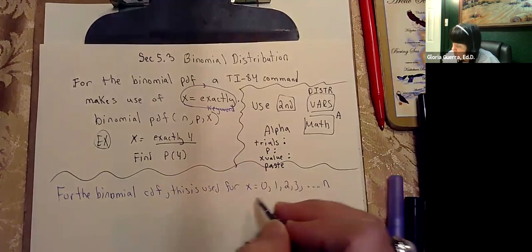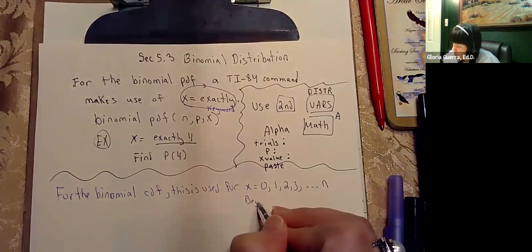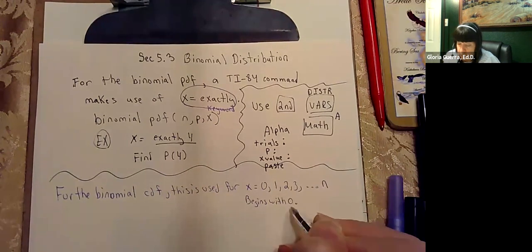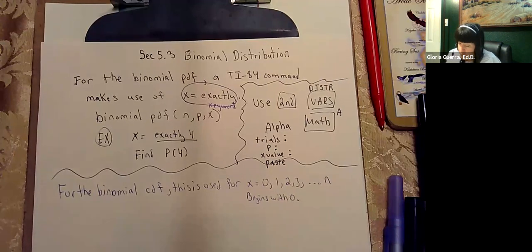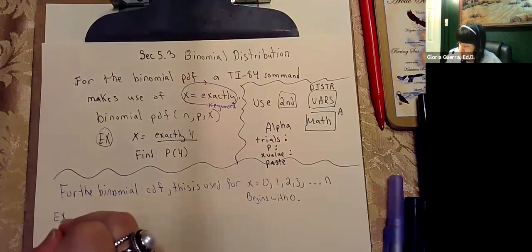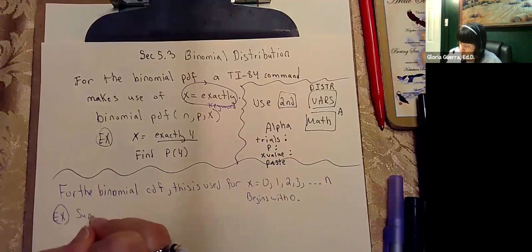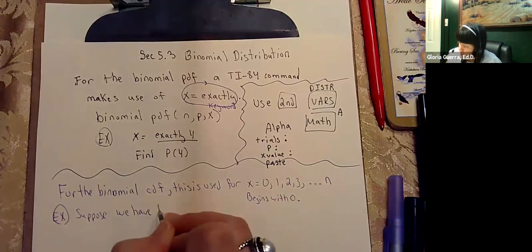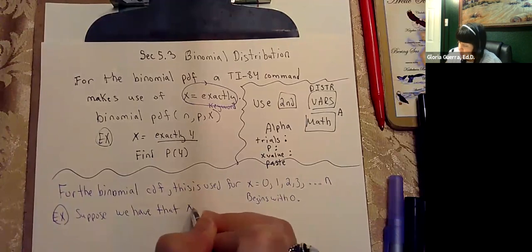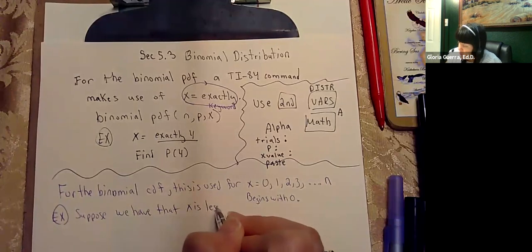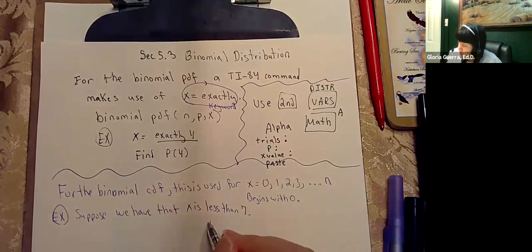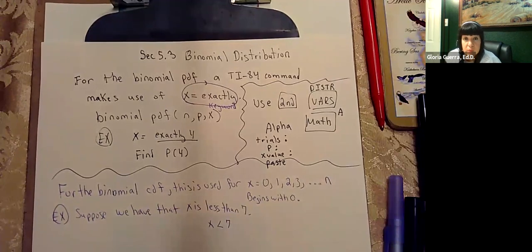And note that this begins with 0. Okay, so an example would be, suppose we have that x is less than 7. So x is less than 7.